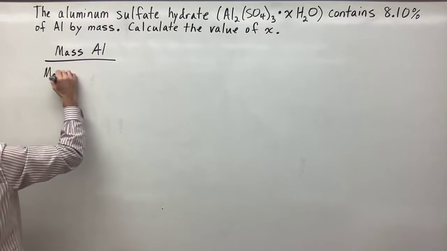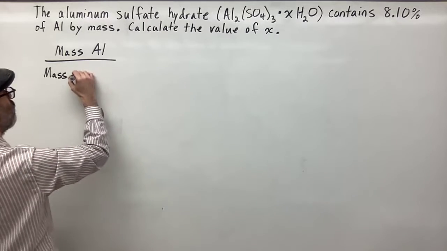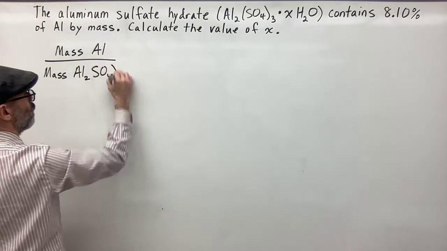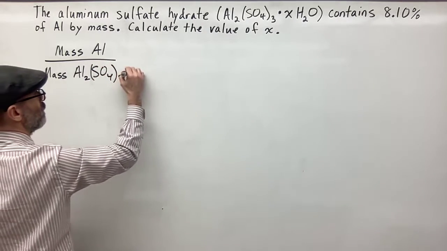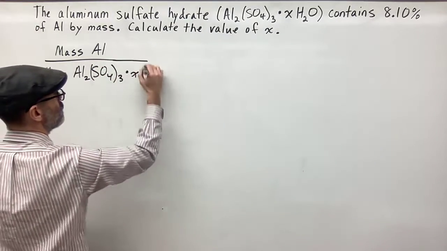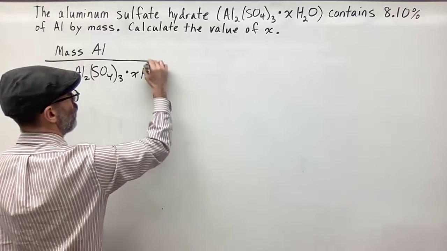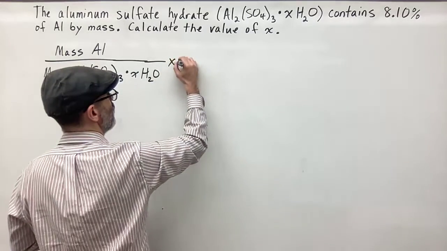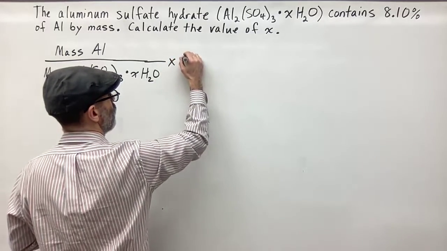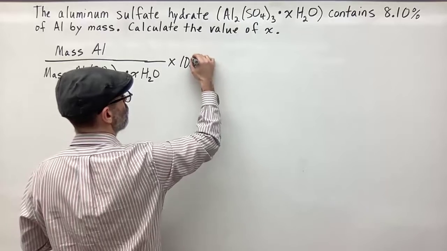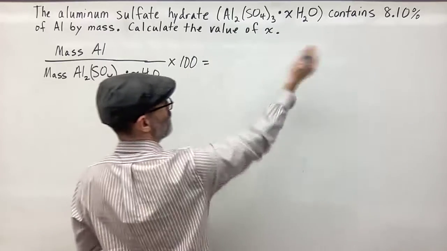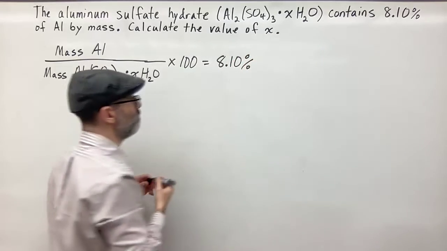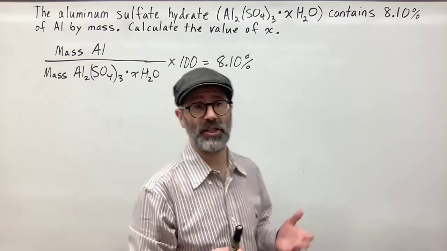So the mass of the Al2SO4 3X H2O, and that's going to be multiplied by 100 to get our percentage, right? So we're going to multiply that by 100, and our percentage is 8.10%, right? So this is what a percentage is.